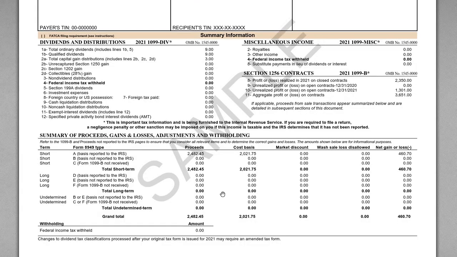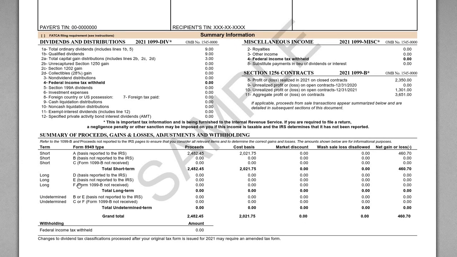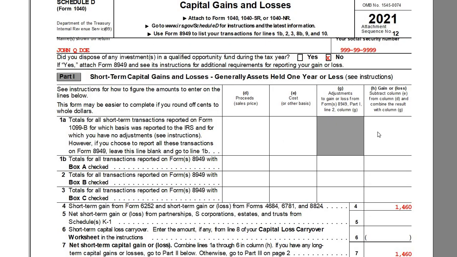Now, if you're looking at your 1099B here, and you see you have entries in B, C, E, or F, or even if you have codes A and D where basis is reported, but you're going to have adjustments for lost sales or market discount, then you can't use this top line item here.